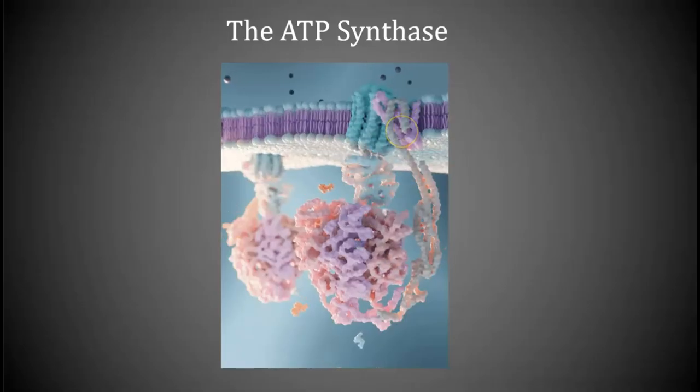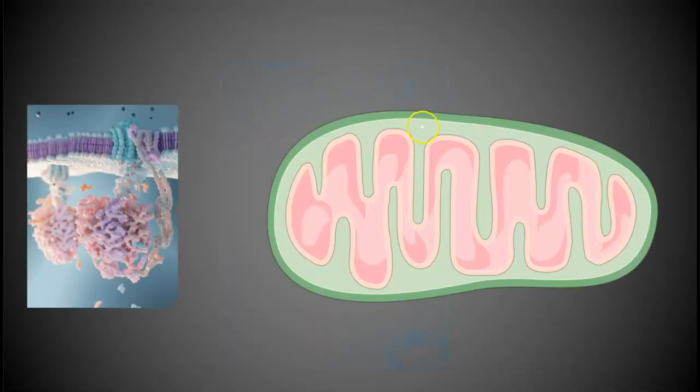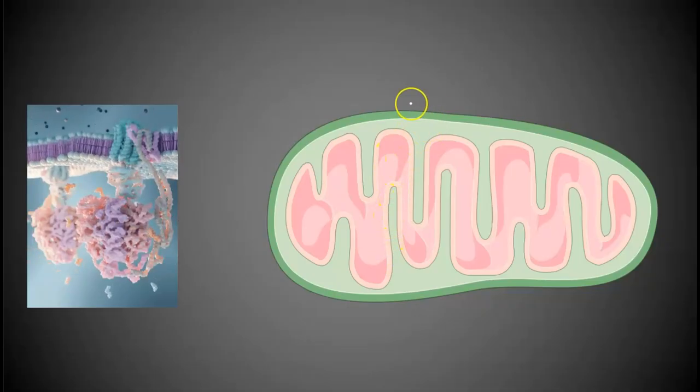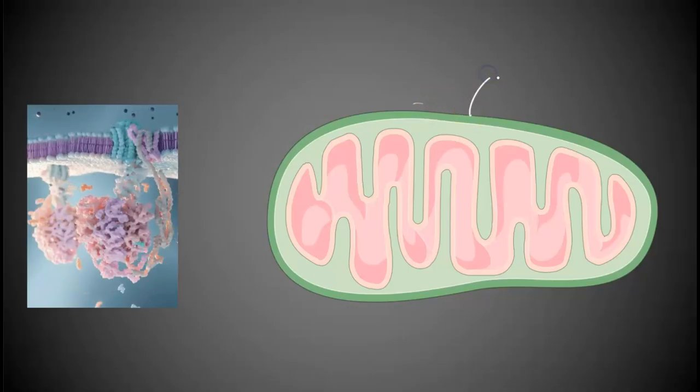Now, in a eukaryotic cell, these are most commonly found in an organelle known as the mitochondrion. So here's an illustration of a mitochondrion. And mitochondria have 2 membranes to them. They have an outer membrane and they have an inner membrane.